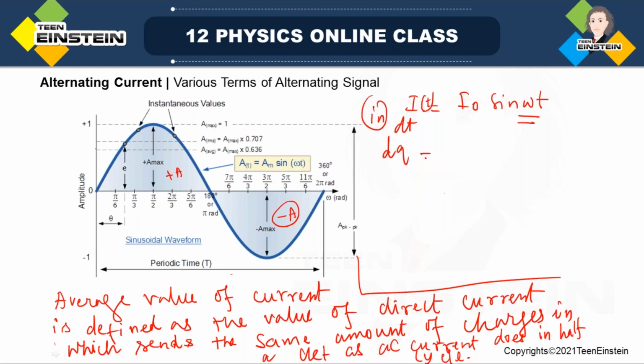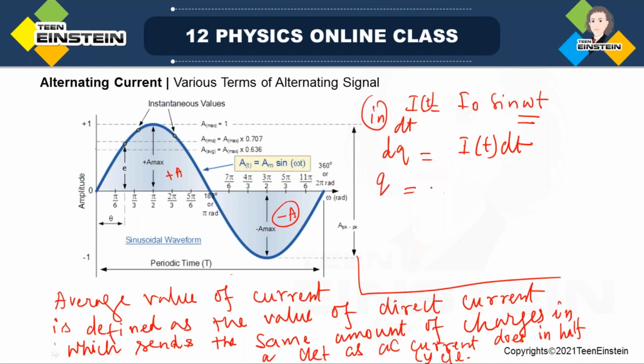So in dt time, it can send a charge of I dt. So let us see what is the total charge in half cycle. Then we can take the average in half cycle to get the amount of the current.